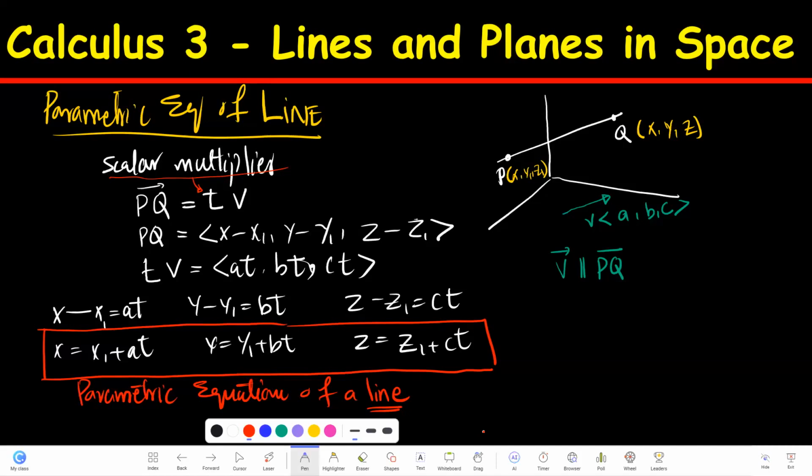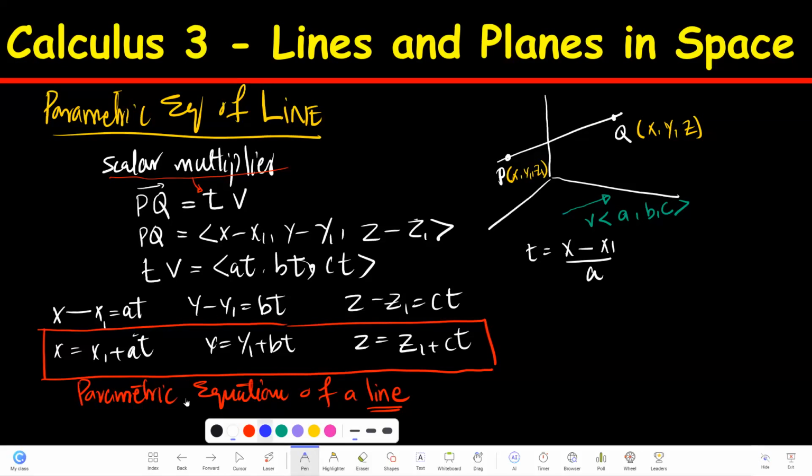If I want to do another thing here, maybe I just want to erase a little bit of this and try to solve on the other side. If I want to do something about this, I'm going to say, you know what, take t from here. So t equals x minus x1 over a. If I take the t from the other equations, so they have three equations, right?